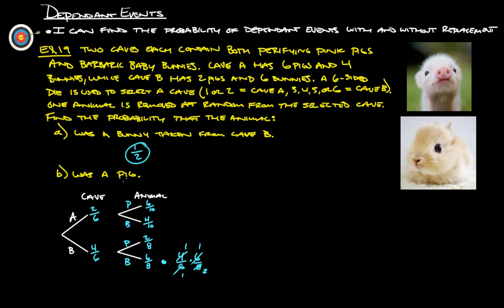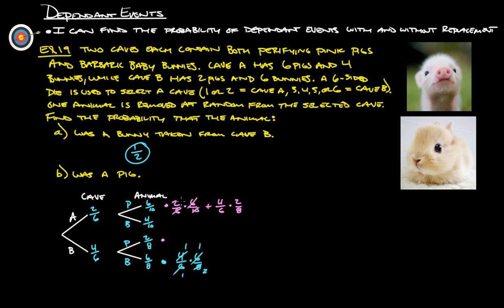What's the probability that it was a pig? If it was a pig, that could be either this branch or this branch here. So we have to figure out both of these and add them together. That's going to be 2/6 times 6/10 plus 4/6 times 2/8. Let's simplify as much as we can.